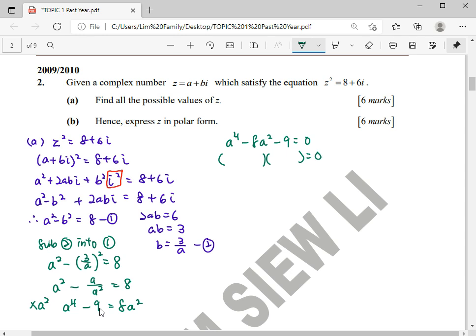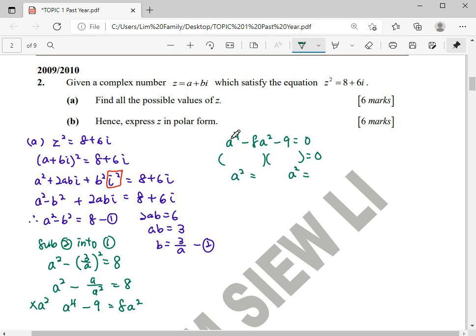Okay, so how do we factorize? Kita bukan dapat x, kita dapat a square. Sebab awak boleh nampak tempat x ni telah diambil oleh a square. Bila x square, dia jadi a kuasa 4 lah.